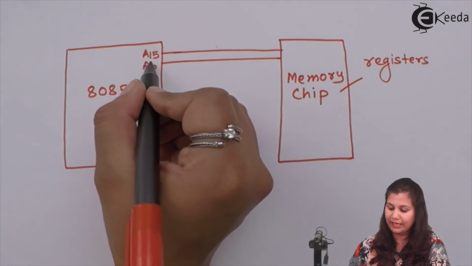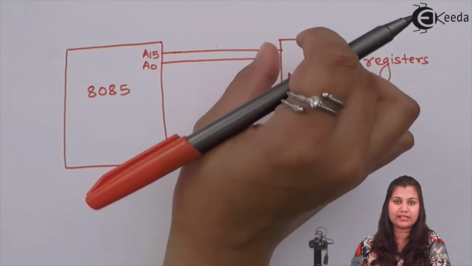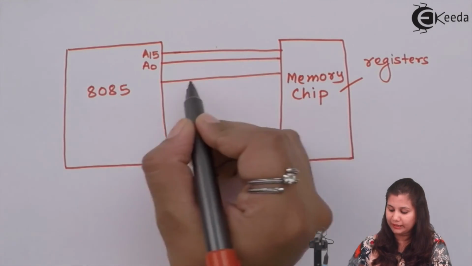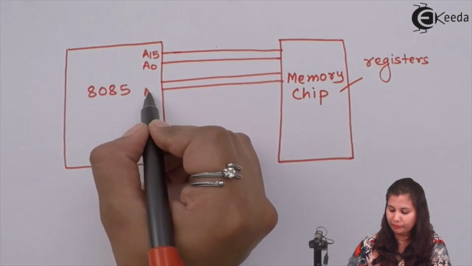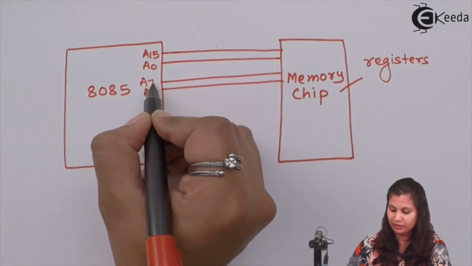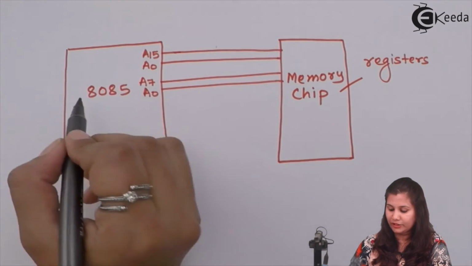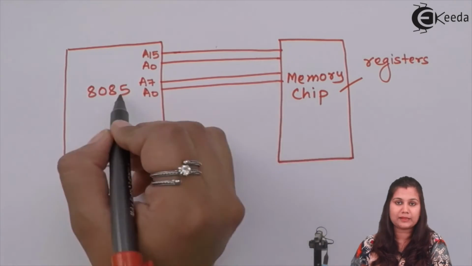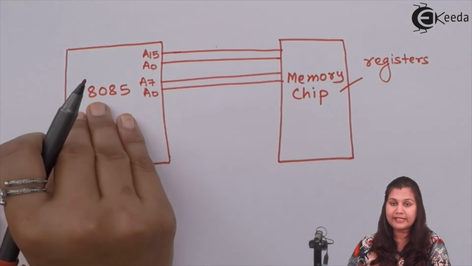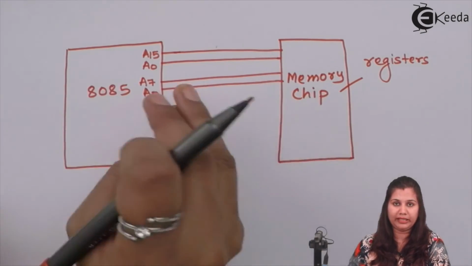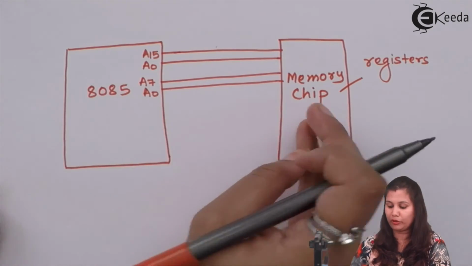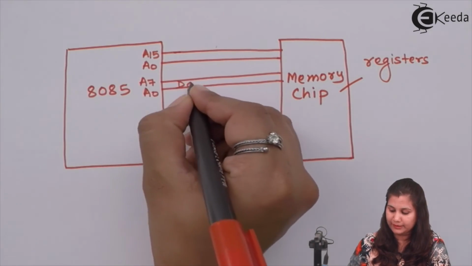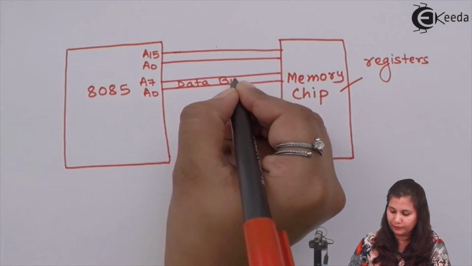Then we will need the data bus, from D0 to D7, because the 8085 has an 8-bit data bus, and this data bus is bidirectional. So whenever the 8085 wants to read some data from the memory chip, or wants to write data, it can use this data bus.